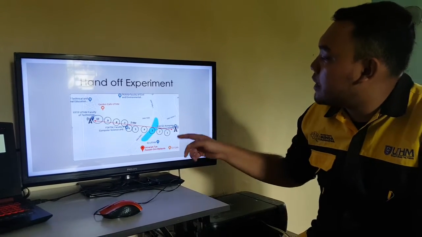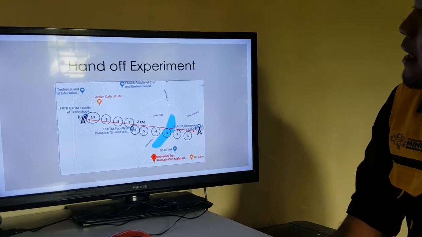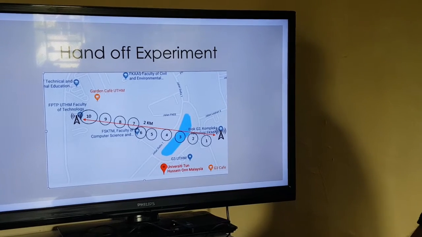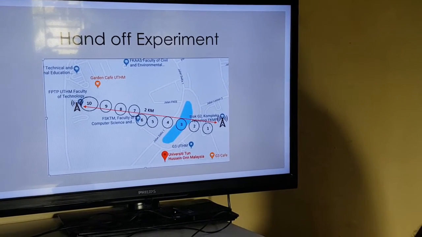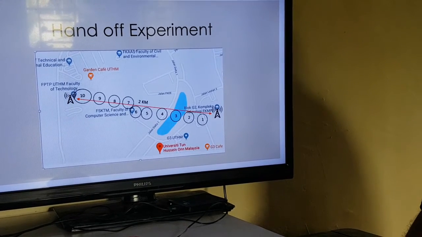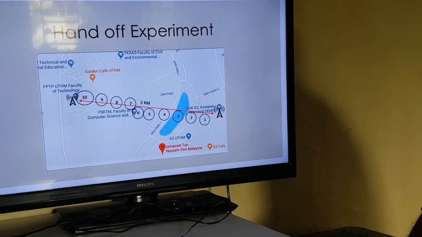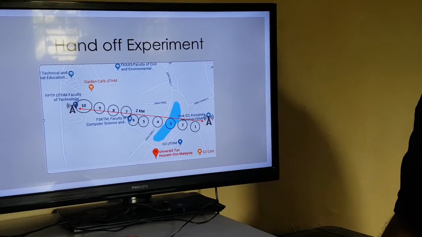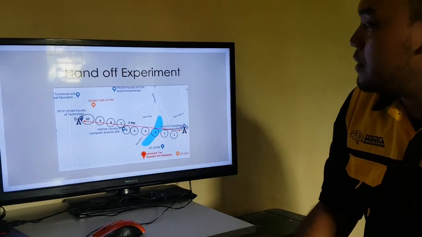The first base station was at the G2 complex, FKMP, and the other base station was at the FTV building. The distance between these two base stations was 2 km, and inside the 2 km we assigned 10 exact locations, where at each point we measured the strength of the signal.